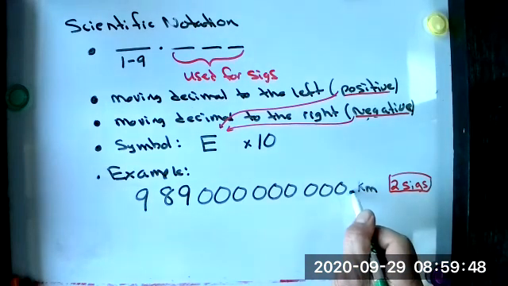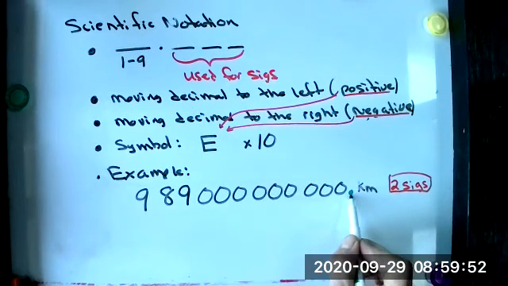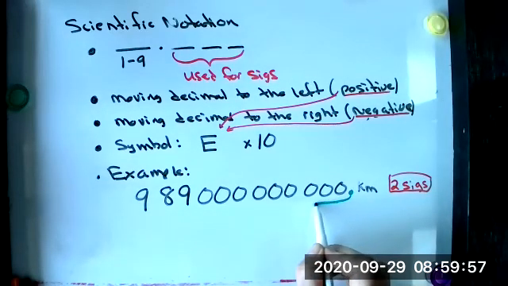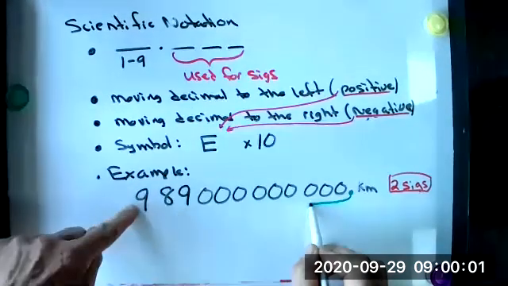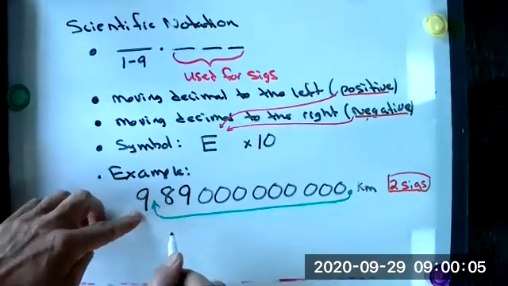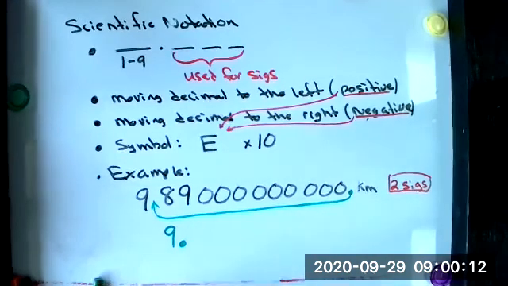Okay, decimal's here. You might not see it, but you know where it's at. Okay, moving to the left. Once I go left, first thing I do is I find that very last number, 1 through 9, the farthest one away, which is the 9. I'm going to plop that decimal right here. What do I need? I need 2 significant digits.